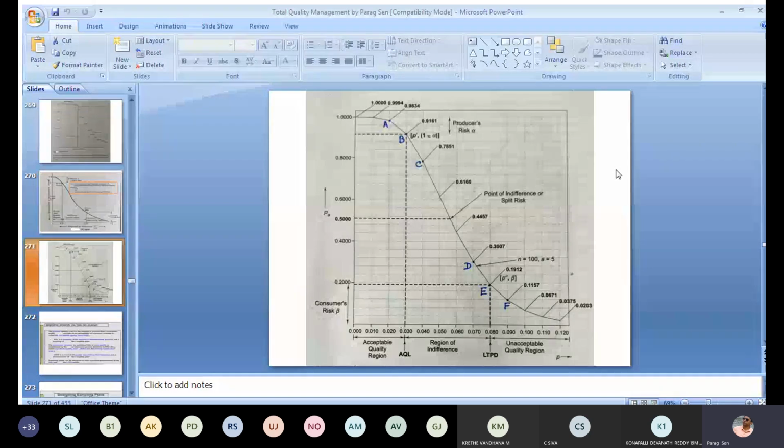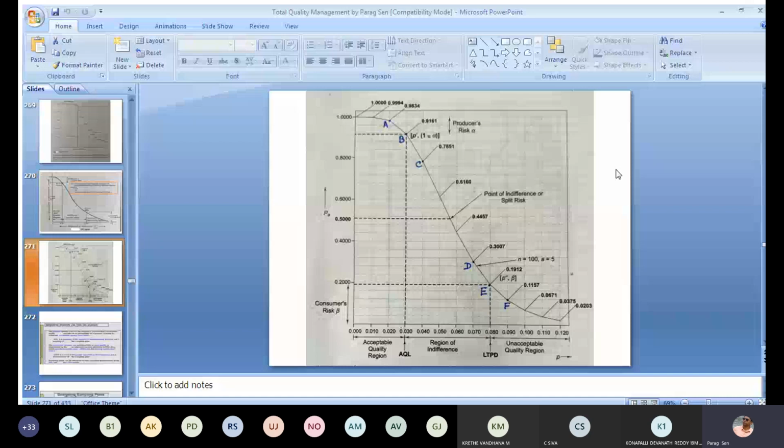So if you subtract it from 1, then you will get the probability of rejecting the lot, and that probability is actually known as producer's risk.